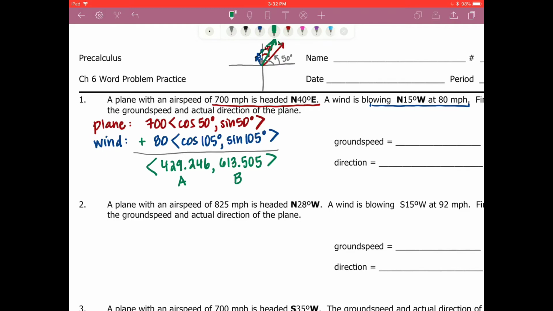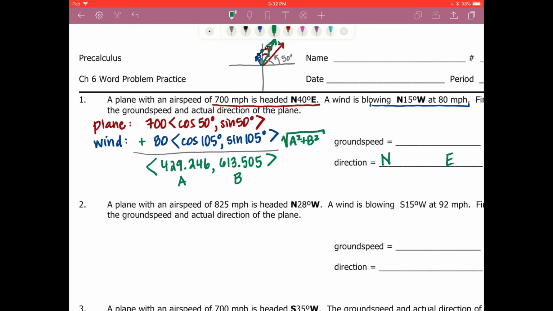So I'm thinking that the ground speed, which is your magnitude, is going to be greater than 700 miles per hour. The direction is going to be north, definitely east, but it's not going to be as much as 40 degrees. It's going to be a little bit less than 40 degrees.